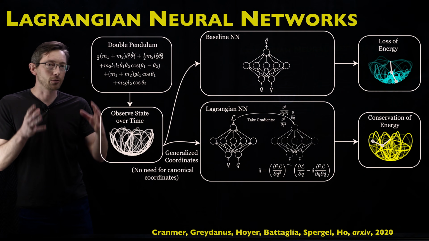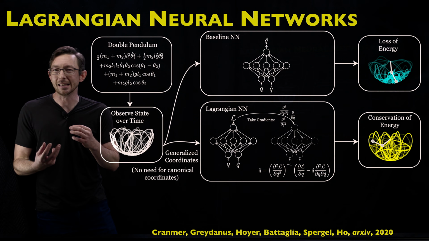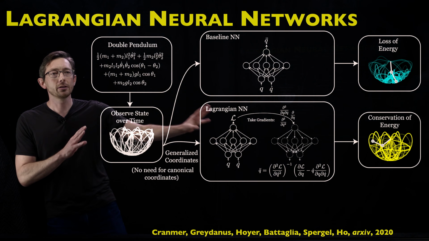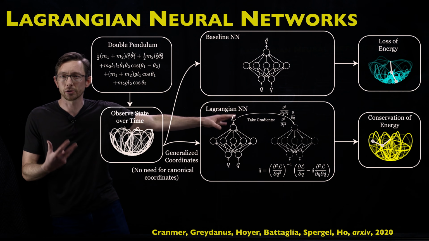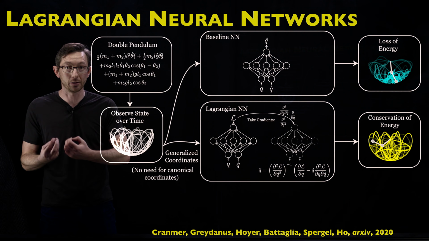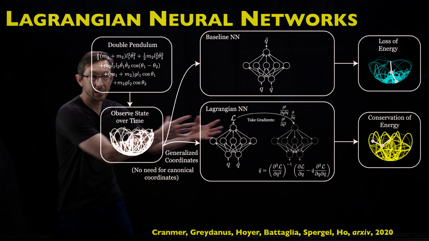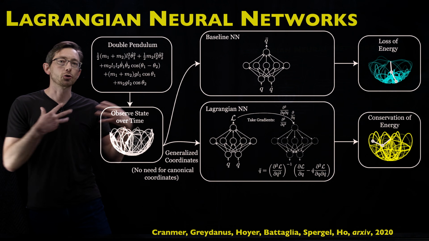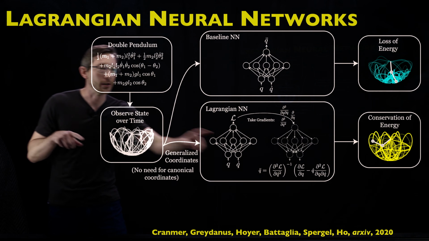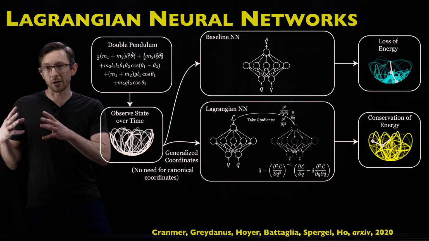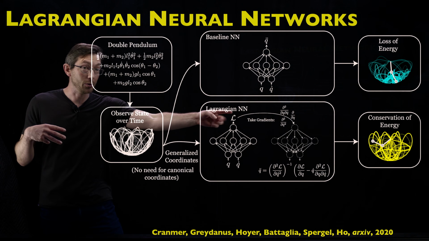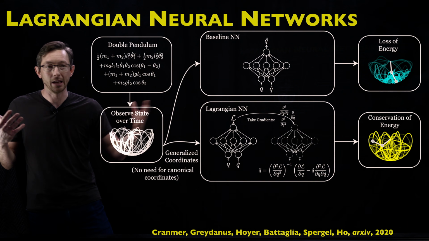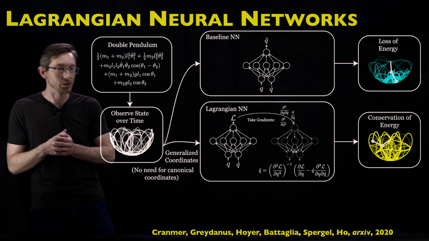And so the Lagrangian neural network, again, it is kind of equal parts architecture and loss function. Clearly, we are making an architectural choice by choosing to model the Lagrangian in this way with these inputs and these outputs. But the way you train this model is through a loss function to say, okay, given that architecture, I'm going to compute all of the partial derivatives I need using essentially backpropagation, automatic differentiation.